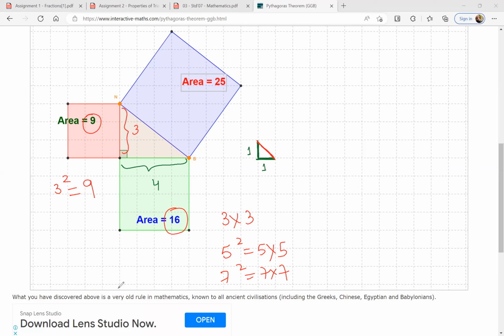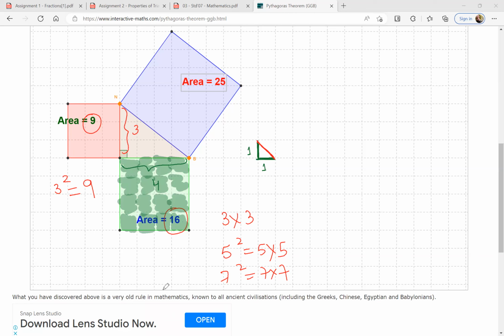I'm just counting the number of squares inside: 1, 2, 3, 4, 5, up to 16.